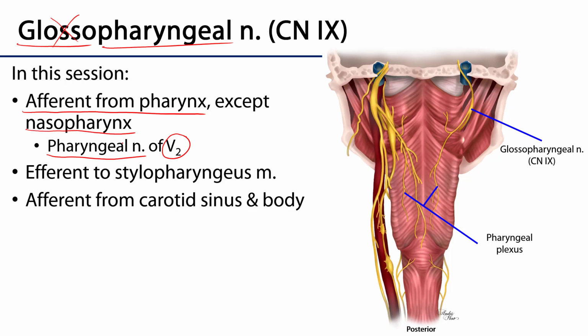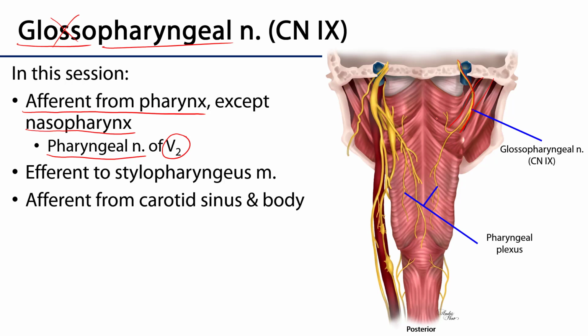On the illustration here, we can see the glossopharyngeal nerve descending down through the jugular foramen and then coming down, riding this muscle here. This is important. That muscle is stylopharyngeus. It's one of 3 longitudinal pharyngeal muscles.